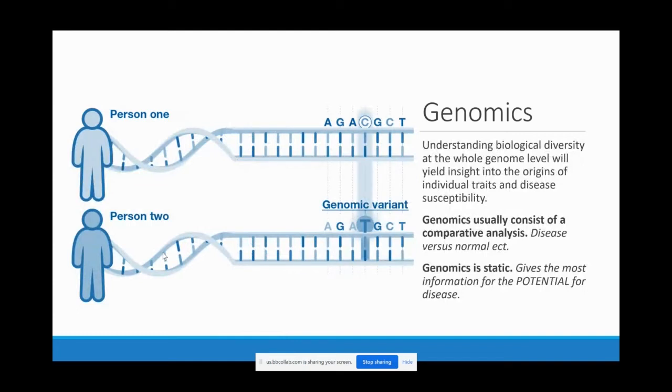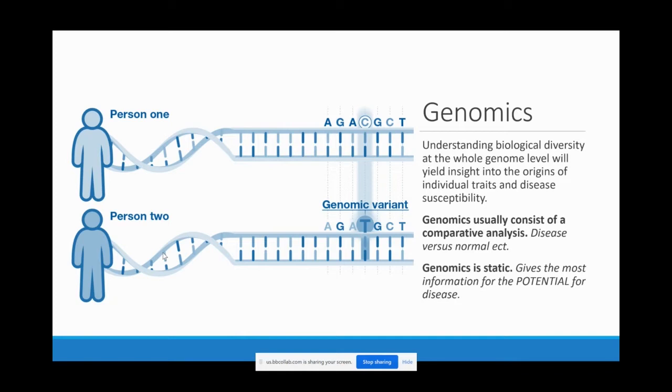One of the main uses of genomics is to understand diversity at a whole genome level. And this is going to give you insight into things like traits and disease susceptibility. Generally, you're comparing. So you're taking a group of people who maybe have a disease, for example, and you're profiling all of their genes, right? So you're going to collect all the genes from all the people who have a disease. And then you might collect all the genes from people who don't have a disease.